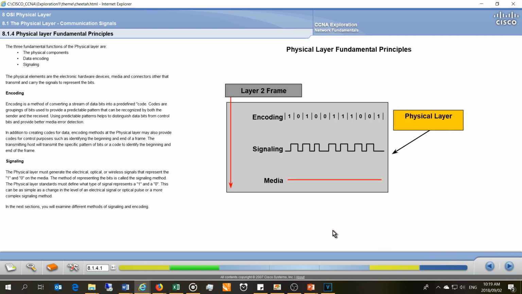Now, the process of encoding. Encoding is a method of converting a stream of data bits into a predefined code. Codes are groupings of bits used to provide a predictable pattern that can be recognized by both the sender and the receiver. It's very important that you understand that when we encode something, if the receiver does not know the decryption algorithm, how to decrypt it or use this signal, then there's no point.